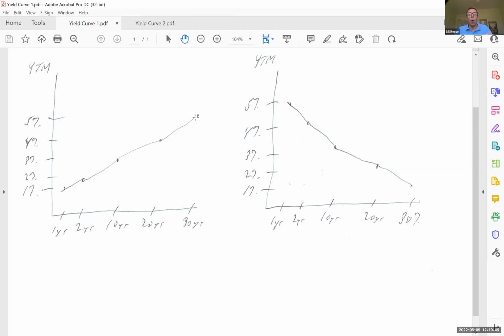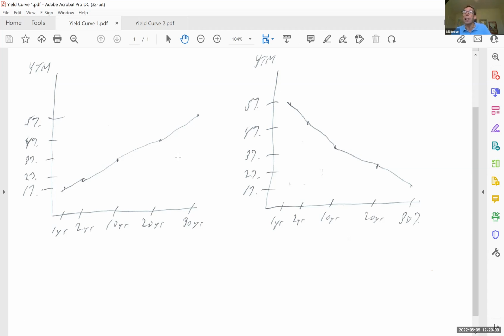small impact on long-term rates. So if we see an upward sloping yield curve like this, investors are saying, hey, we are expecting the Federal Reserve to be raising short-term rates over the next 30 years. Why does the Federal Reserve raise interest rates? They generally do so when they see inflation and an overstimulated economy.